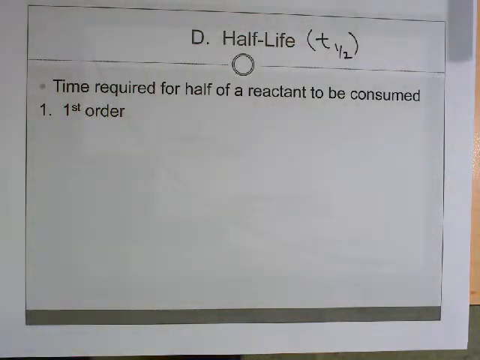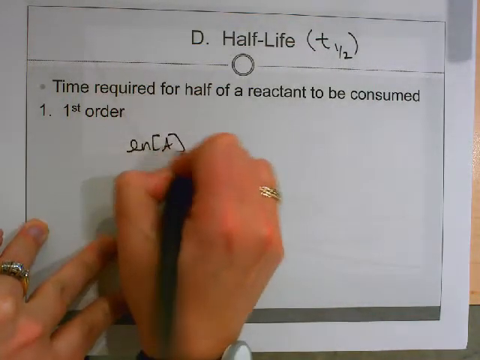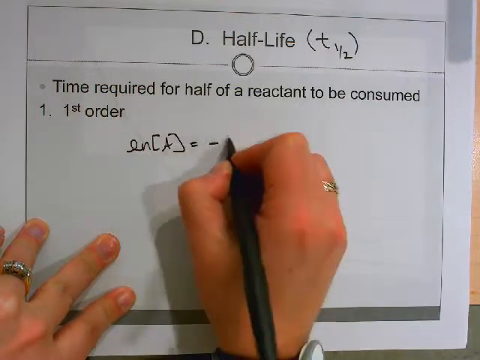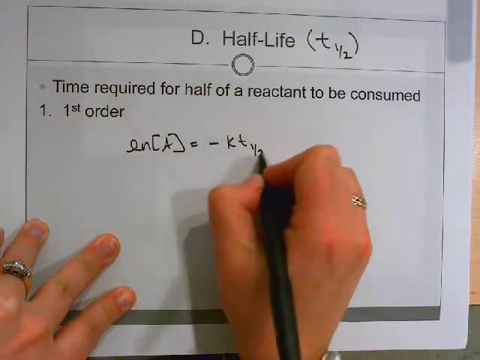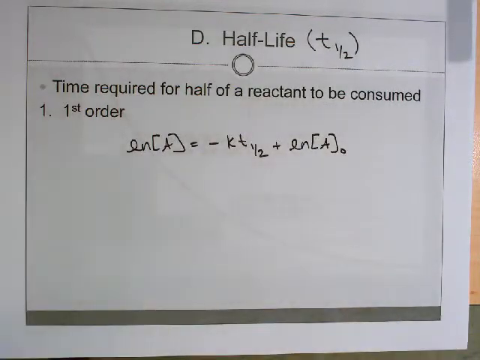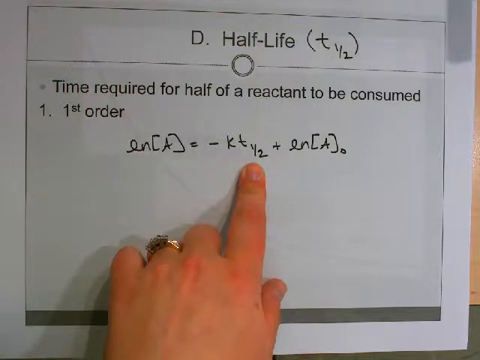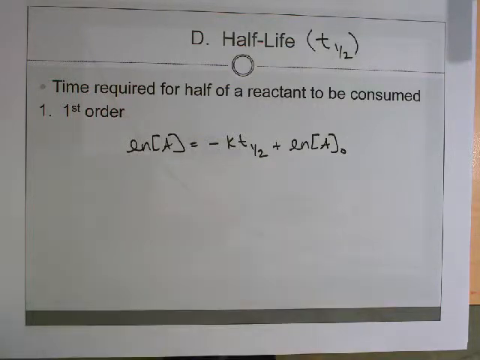And we're going to look at it in terms of first order reactions. All right, so our first order rate law. I'm specifically looking for this half T time, the T required for half the reaction to be over.